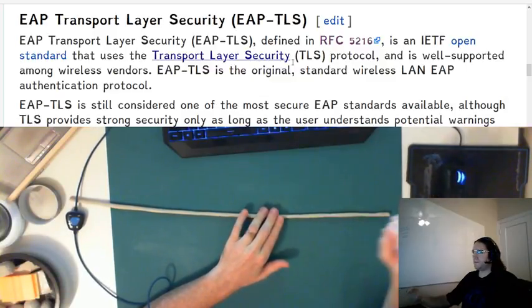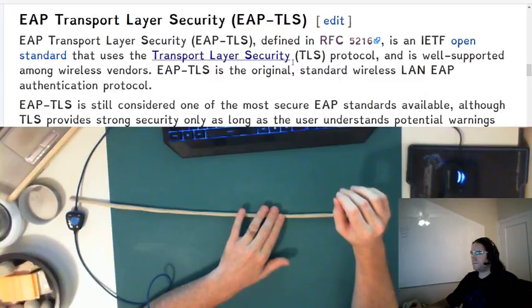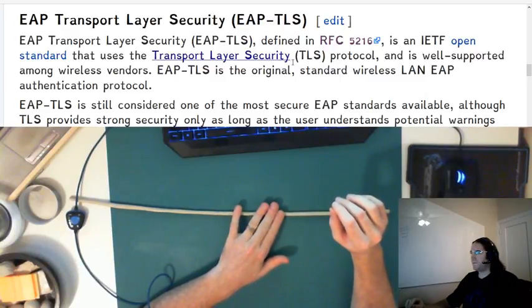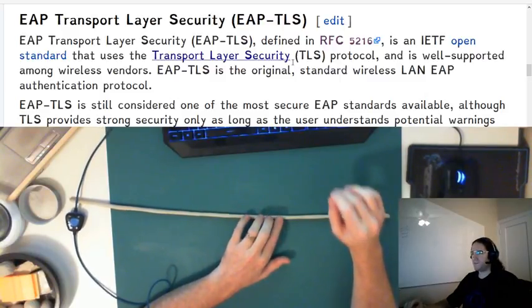EAP-TLS is the original standard wireless LAN EAP authentication protocol.